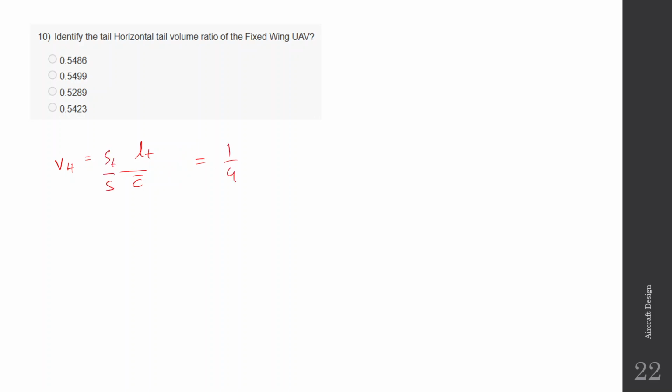So ST by S is given as 1 by 4 and LT will be XAC tail minus XCG by C bar. So this is 1 by 4.